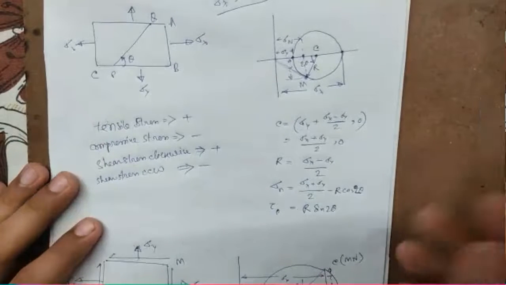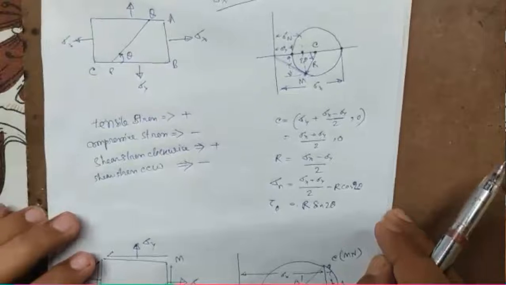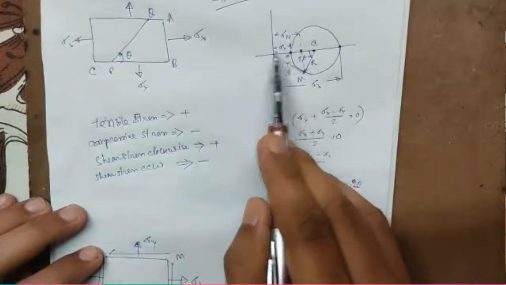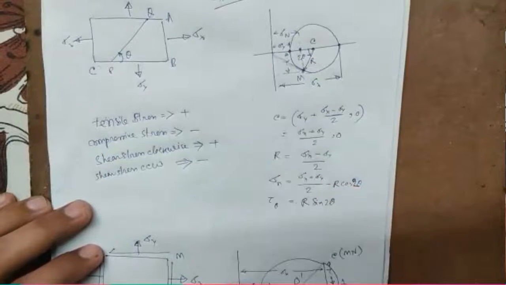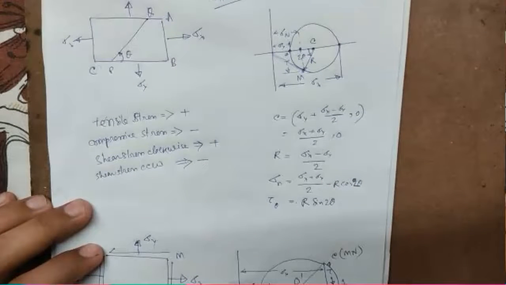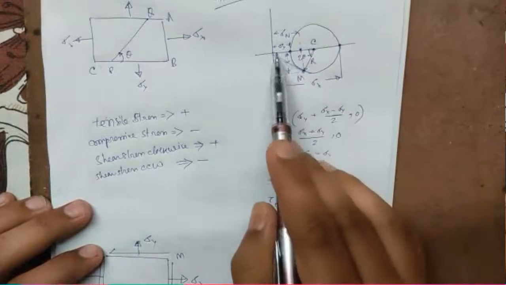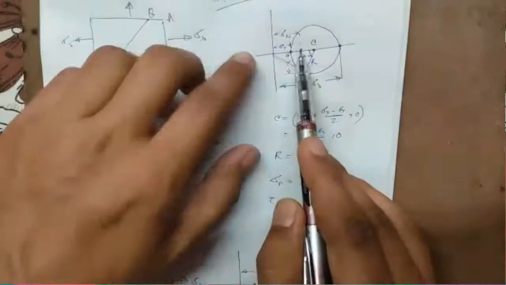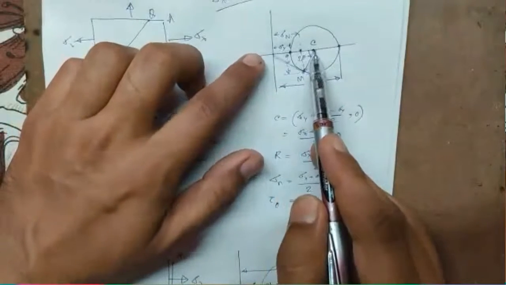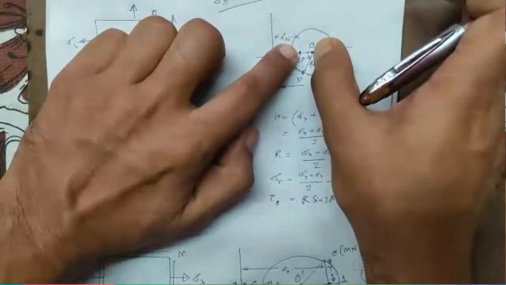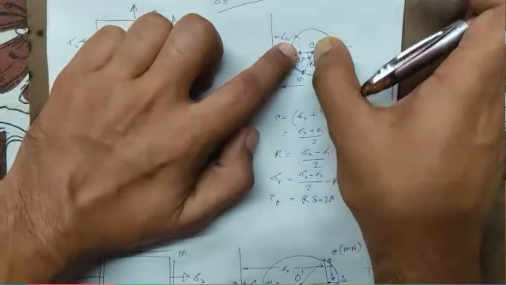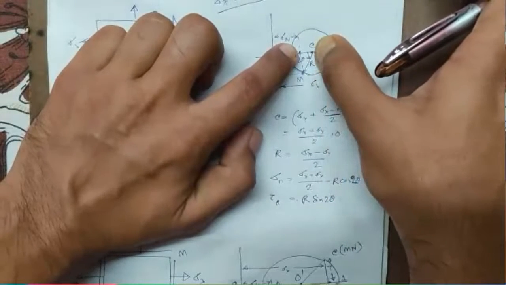Now then, what will be the value of sigma n, the normal stress on the plane? How can we get this sigma n? So sigma n will be equal to this much minus this much.